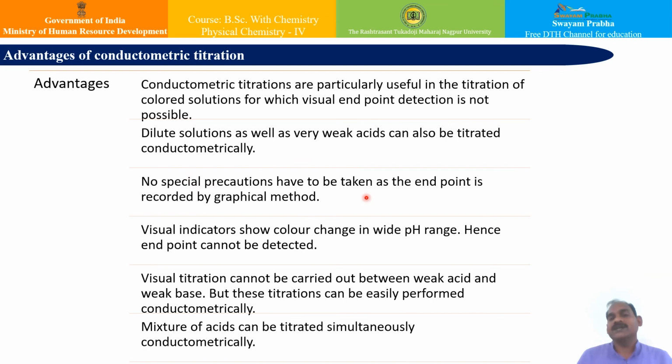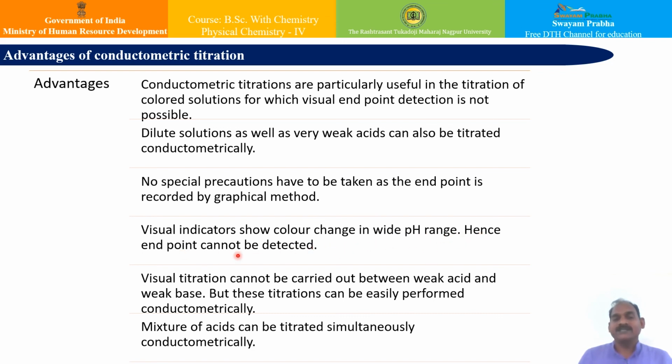No special precautions have to be taken as the endpoint is recorded by the graphical method. We do not have to take any special precaution, because after all the results have to be plotted, and it gives you a trend, and the trend after intersection will give you the endpoint. Visual indicators show color change in a wide pH range, hence the endpoint cannot be detected.